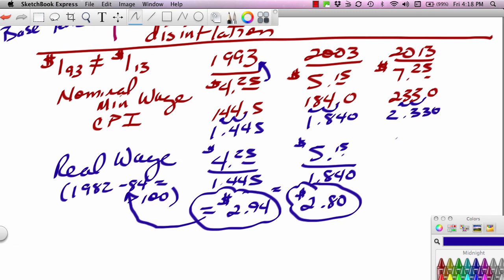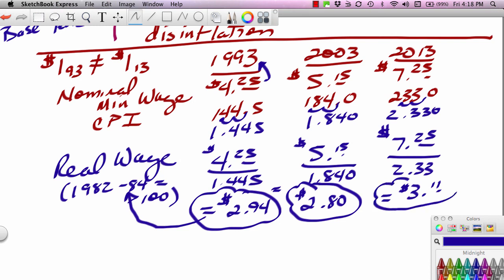Let's do it one more time. $7.25, which is still the current minimum wage at the time of this production, divided by 2.33 equals $3.11. So a slight increase in the minimum wage in real dollars. So you can see here as we move from 93 to 2003, the minimum wage actually decreases in real dollars.